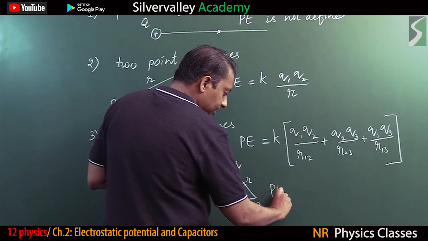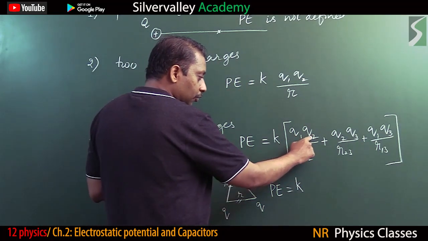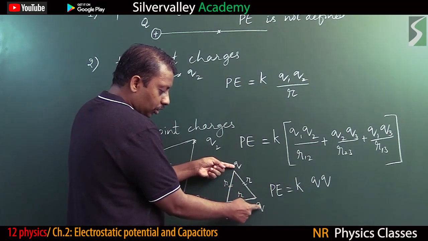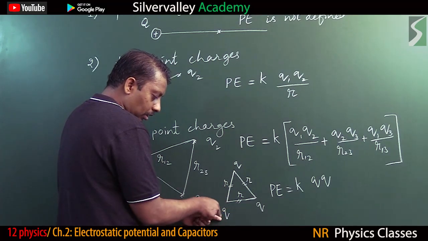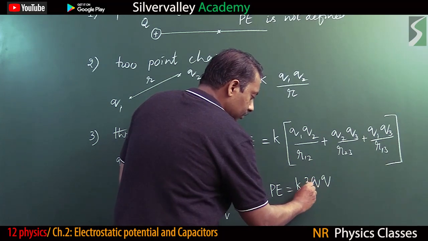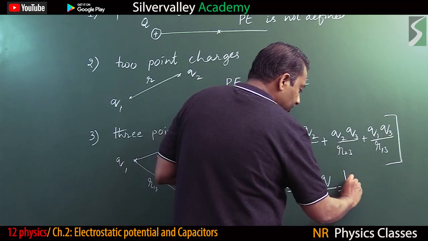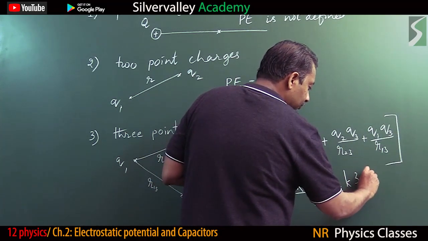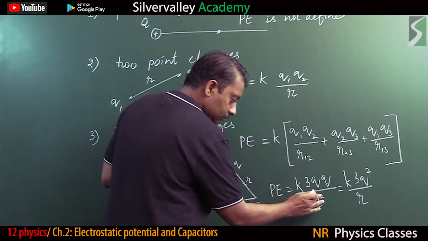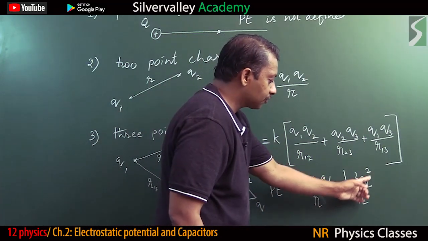Then the potential energy is given by the constant times Q Q by R three times. Therefore it is the constant times 3 Q square by R.